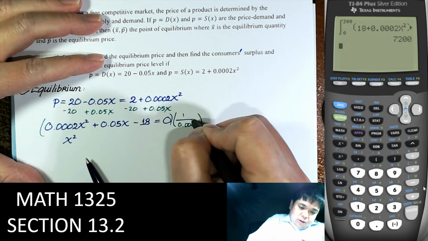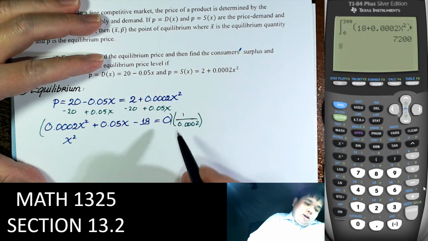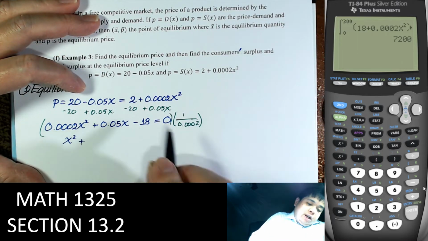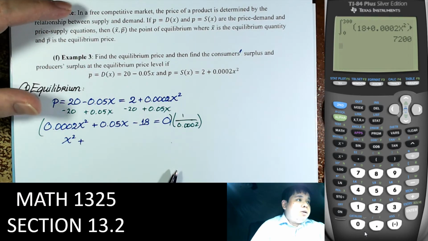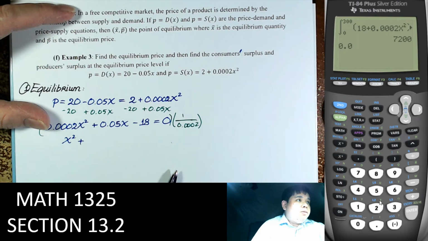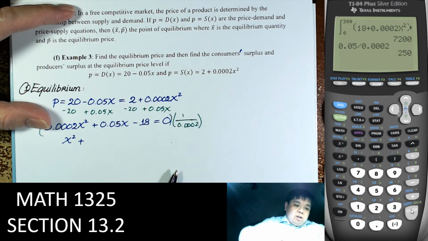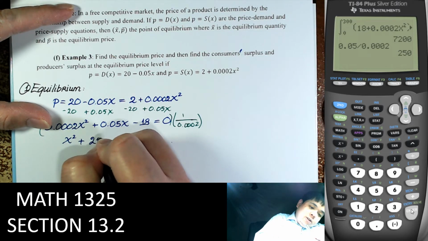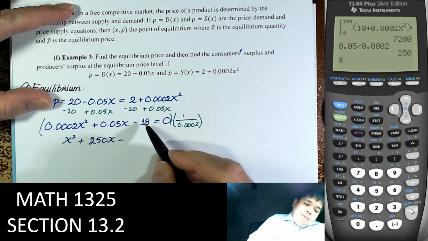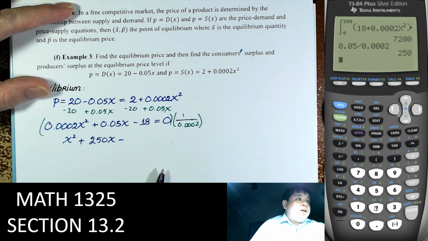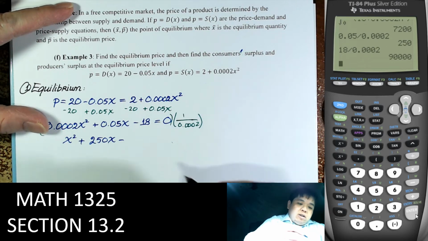That gives x squared, and now 0.05 divided by 0.0002 is 250, and 18 divided by that gives us 90,000.